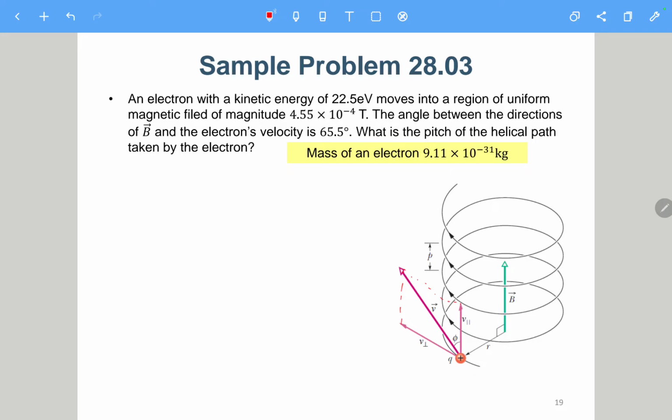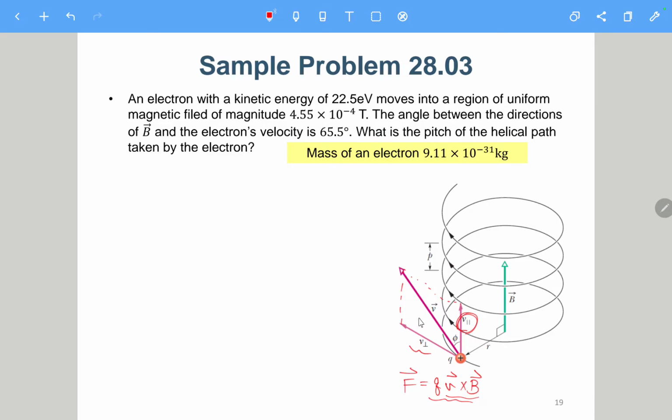According to the Lorentz force, F equals Q v cross B. When we consider v parallel in the cross product, the angle between them is 0, so sine of 0 degrees is 0. So this one doesn't contribute to the Lorentz force. Only v perpendicular contributes to the Lorentz force.